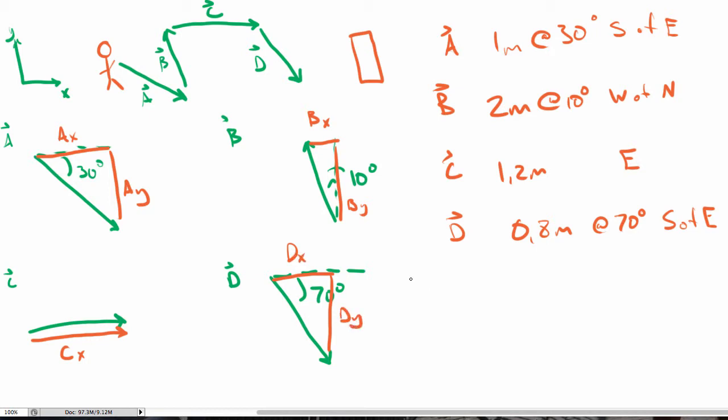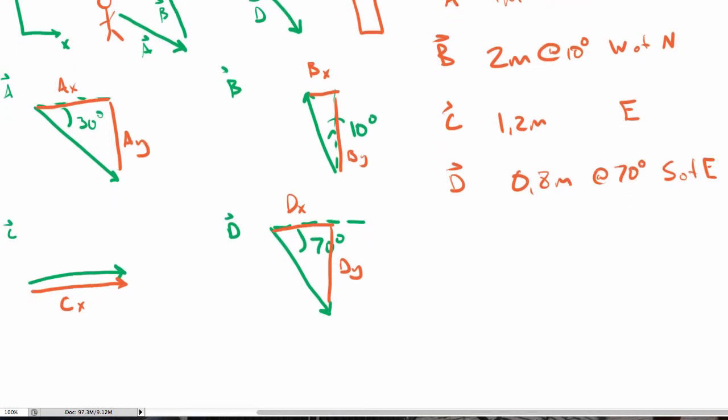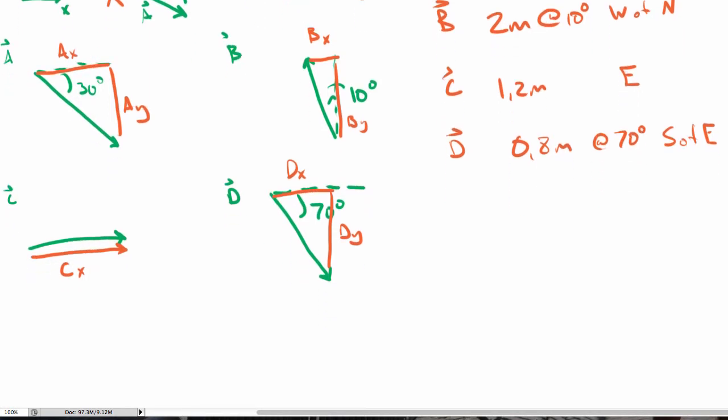So I need to use my trig formulas to figure out the components of each of these 4 vectors. I can do that pretty easily. We'll start off with vector A, and we'll just go down the list. So Ax. I know this angle right here, 30 degrees. This Ax side is adjacent to the angle 30 degrees, which means I'm going to use cosine.